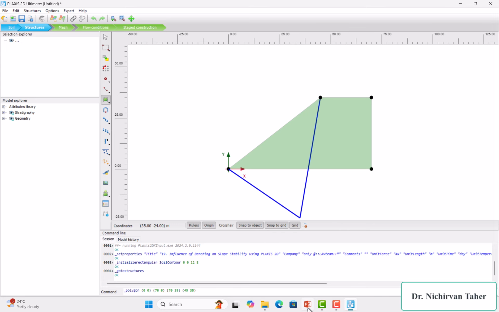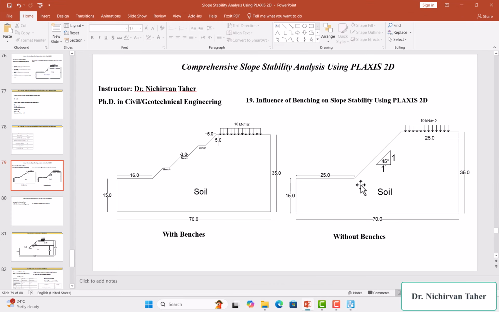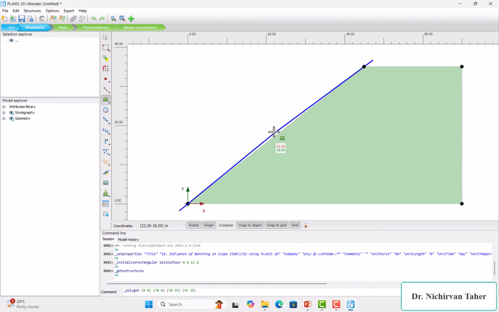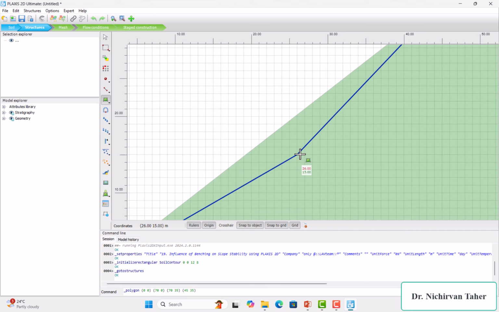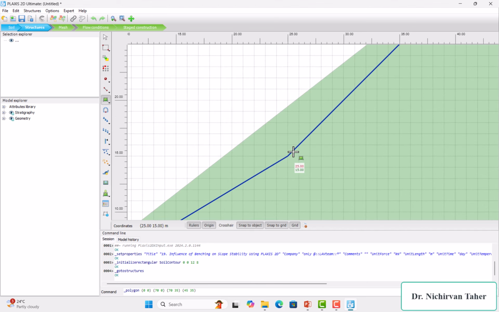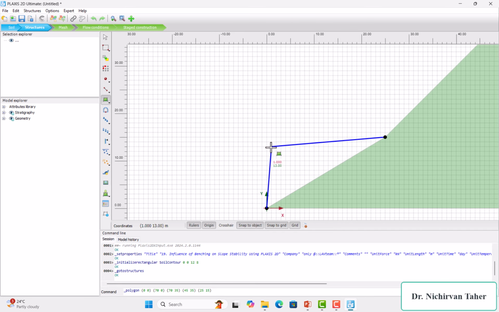And also we have this point which is 25 in X direction and 15 in Y direction. So we have 25 by 15, as you can see.